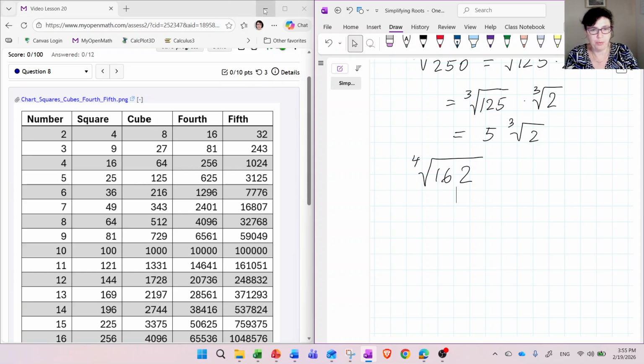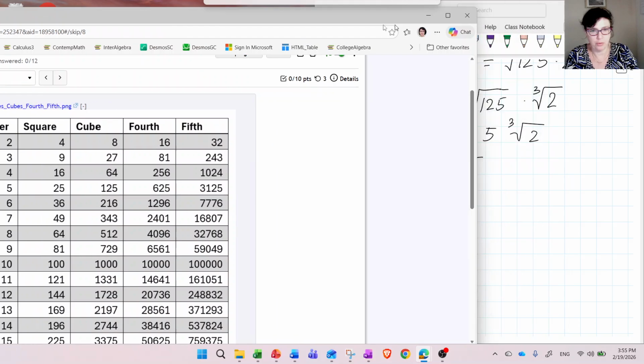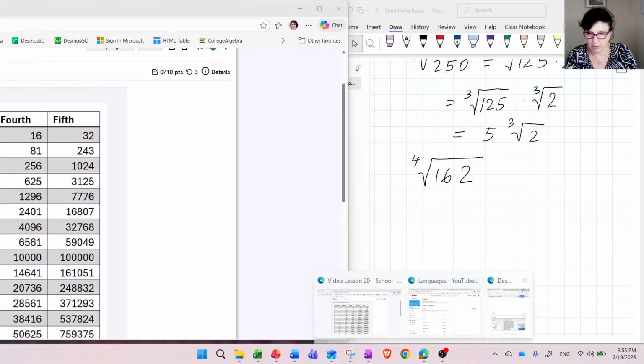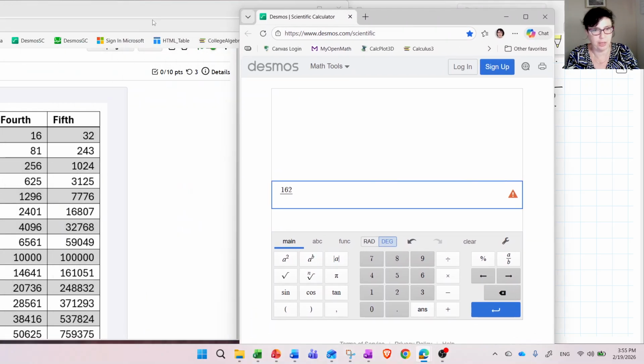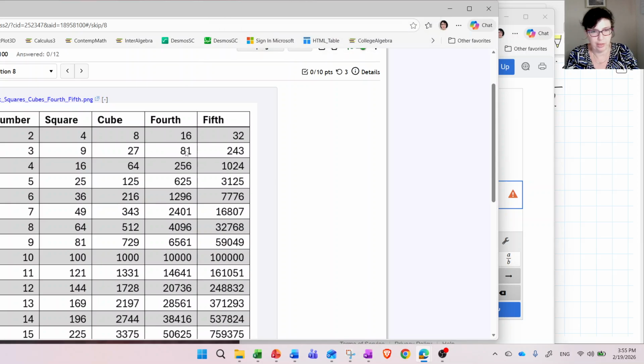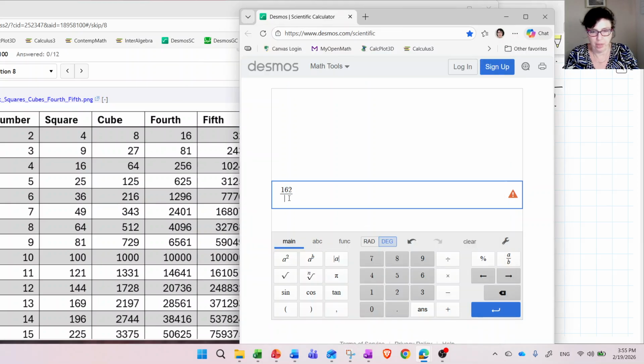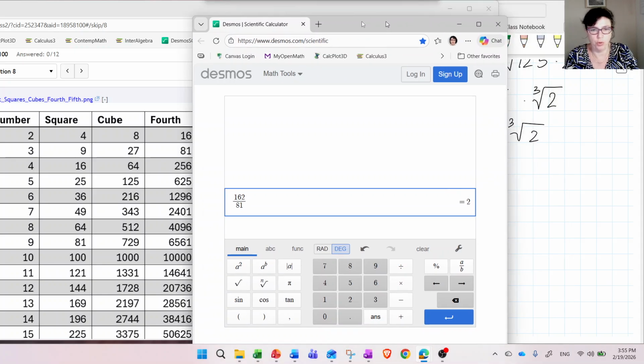That means we're going to start dividing. Let me put the calculator here. We start with our number 162 and divide it by the first fourth power that's less than it, 81.